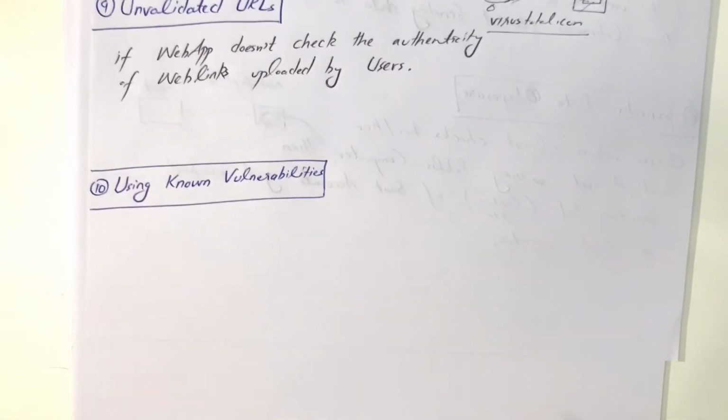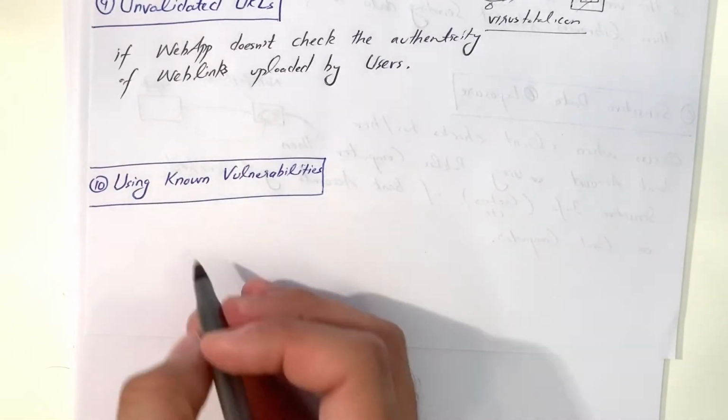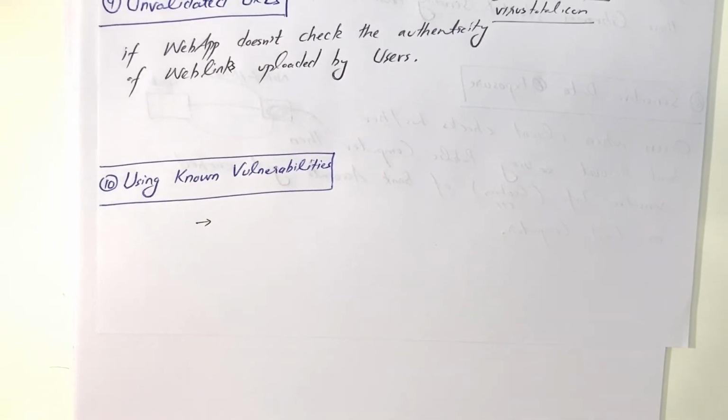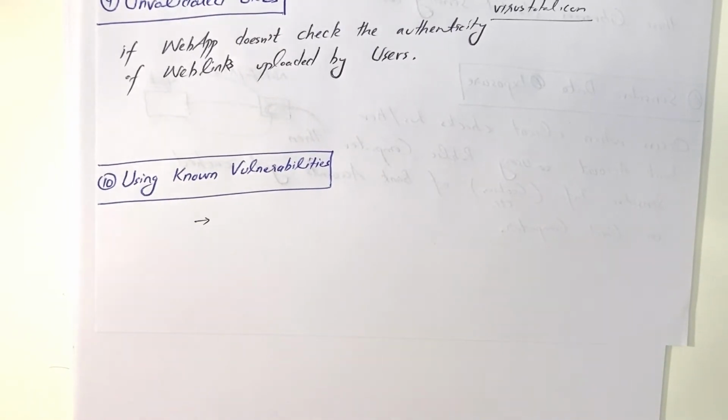Last but not the least is using known vulnerabilities. For example, if you found a web application is not updated and didn't patch the affected areas, that is called known vulnerabilities, existing vulnerabilities.